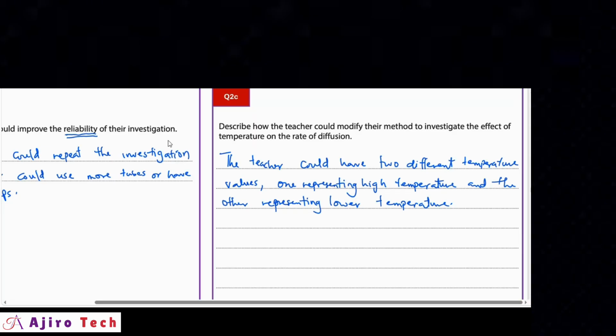Say that the teacher could also use a water bath to regulate its temperature.